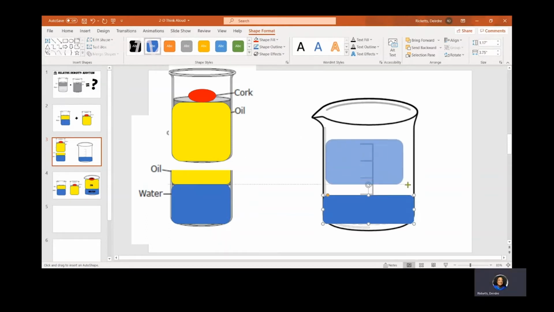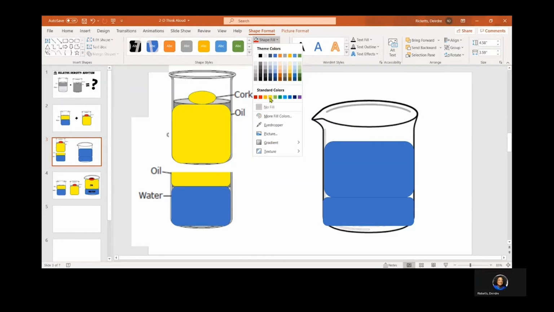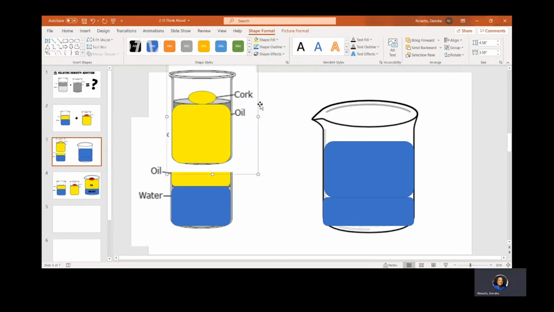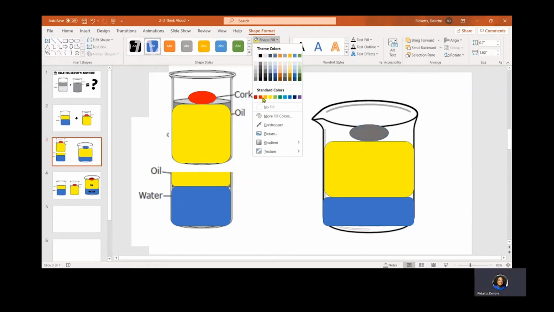I'm going to have more oil. Now it's yellow, it's blue here, so I'm going to change that color to yellow. Uh-oh, wrong one. Undo. Here we go. Click on it. Now change it to yellow. There we go. And then, of course, I need my red cork. So let's get to a shape. Do my little circle and fill the shape in with red.